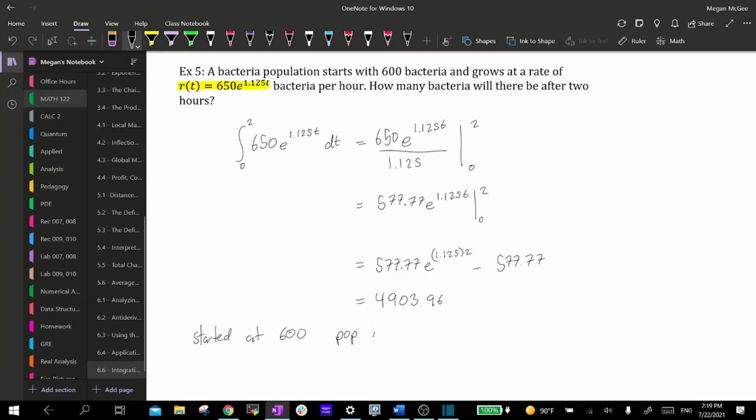Population increased by this 4,903.96. So the total population after 2 hours is the sum of the two, which is 5,503.96 bacteria.